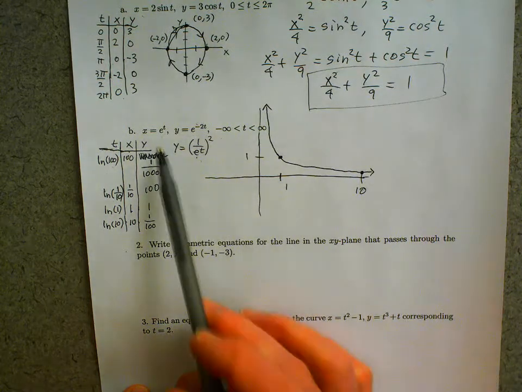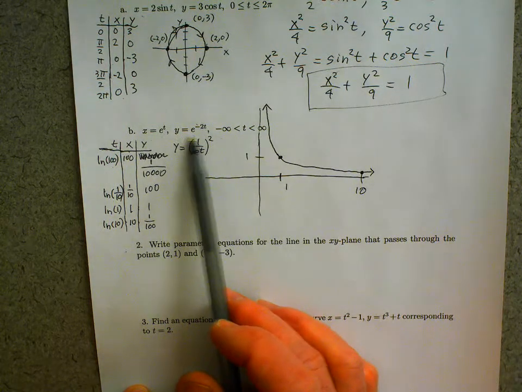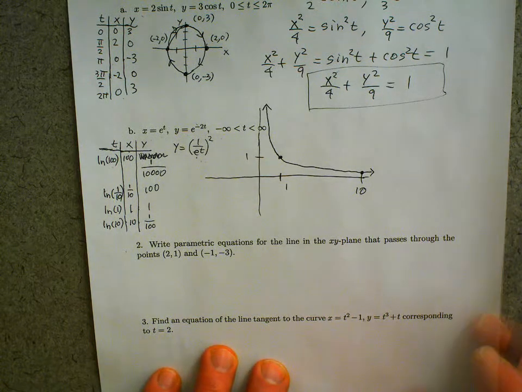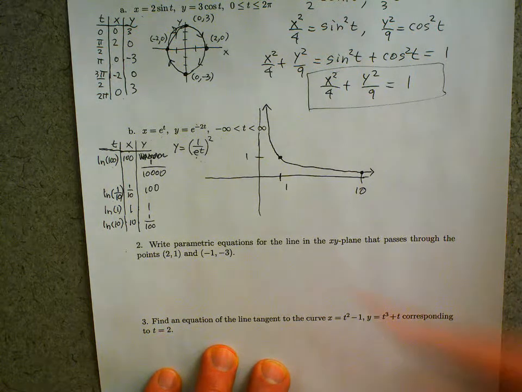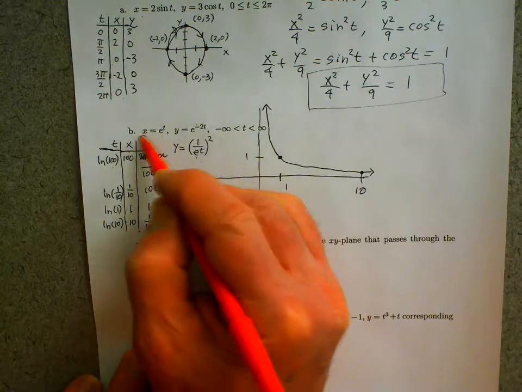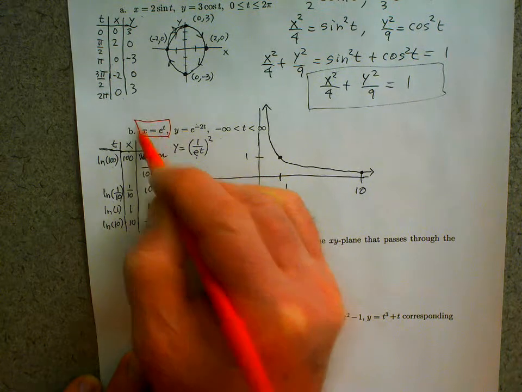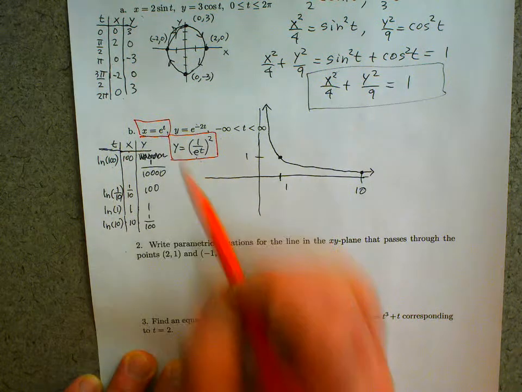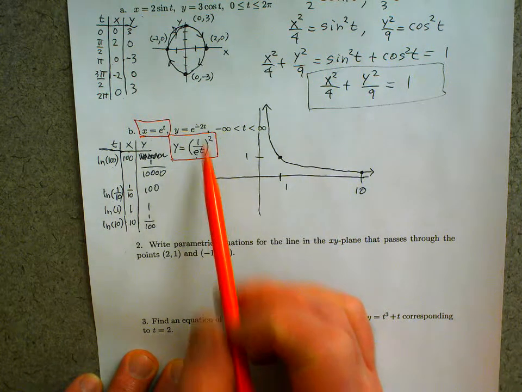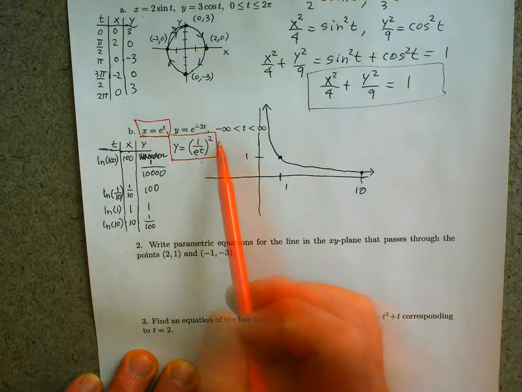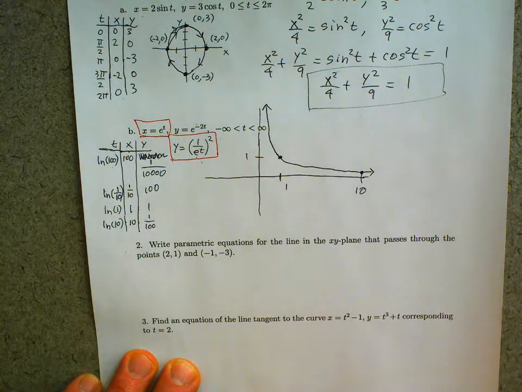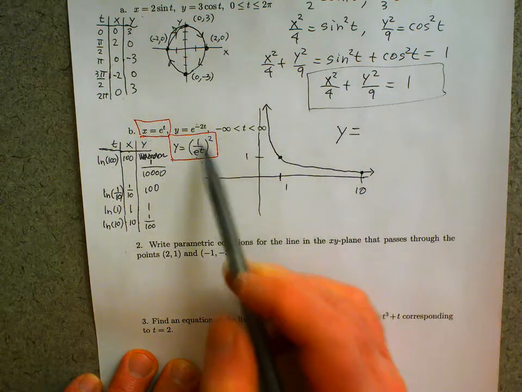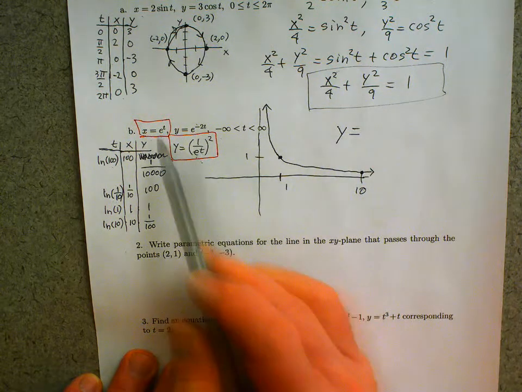Okay, let's eliminate the variable t. Well, if we use x equals e to the t, and this other way that I wrote what y is, 1 over e to the t squared, then we can just replace e to the t with x.